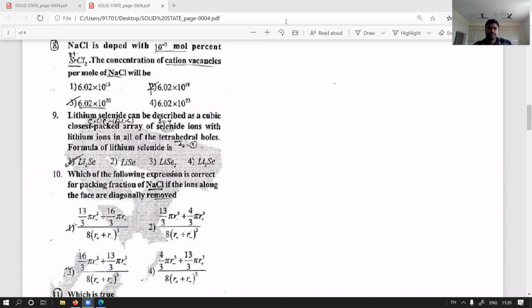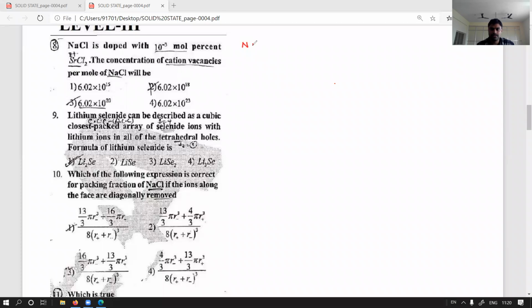Let's see the eighth question. NaCl is doped with 10 to the power of minus 3 mole of strontium chloride. Doping means addition of impurities.